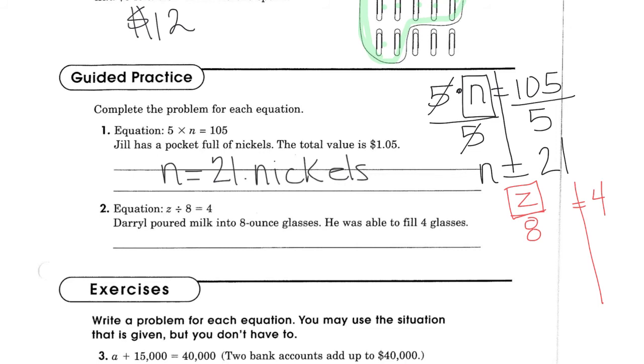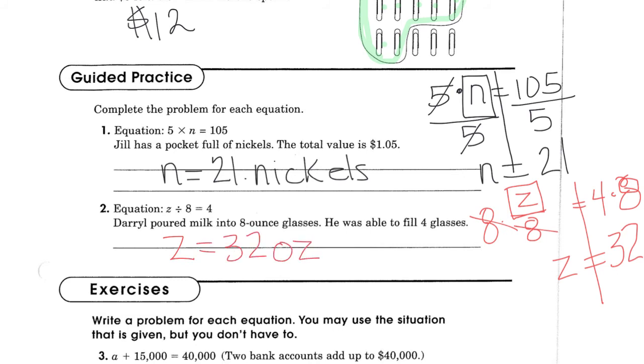What operation is being done to the z? It's division. The opposite of division is multiplication. So I'm going to multiply both sides by 8. And this cancels out. So 1 times z is z, and 4 times 8 is 32. So my answer, z equals 32. And then if we labeled it, it's ounces.